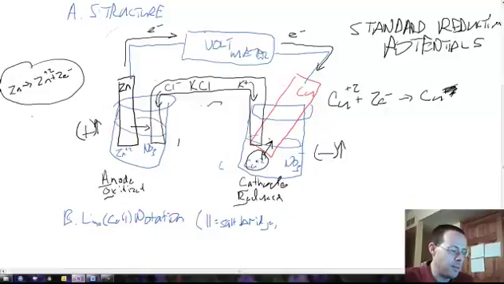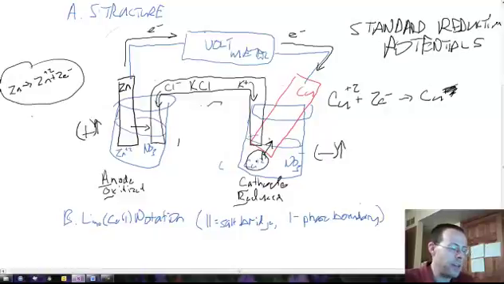A single line is going to represent a phase boundary. In our current example, it would be between our aqueous and our solid. So we have a piece of zinc metal and we have zinc ions. Our zinc ions are aqueous, our zinc metal is solid. And that is really it.